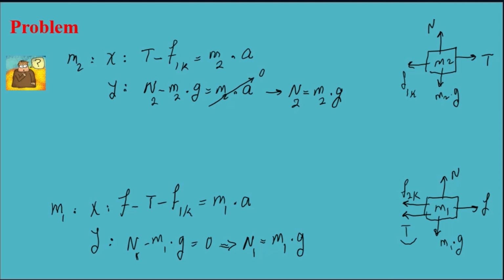Now here I have equation 1 and equation 2, right? Based on equation 1 and equation 2, I can find the acceleration and also the tension, right? But the problem is, in equation 1 and equation 2, I don't know the acceleration, and I also need to find the tension, right? So it's like I have one equation with two unknown variables, right?